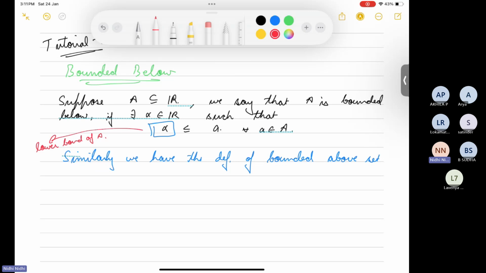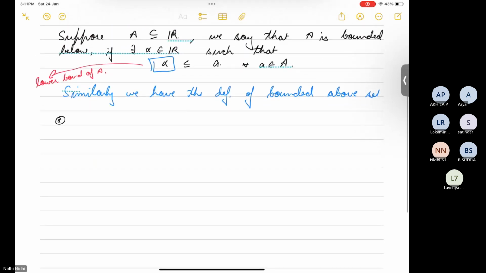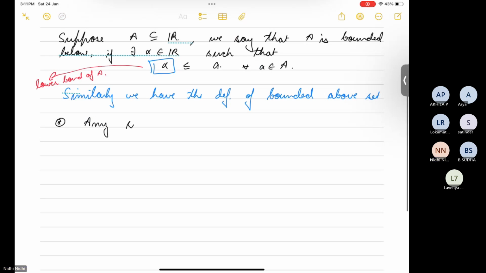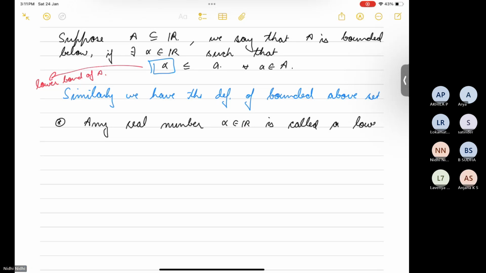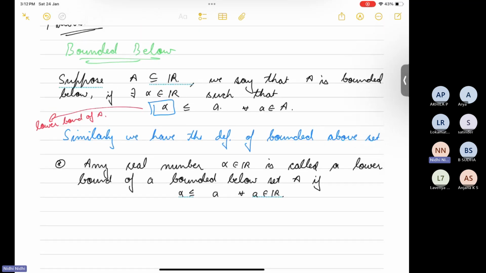So technically speaking, any real number alpha in R is called a lower bound of a bounded below set A if alpha is less than or equal to a for every a in A. I hope this definition of bounded below and lower bound is clear.